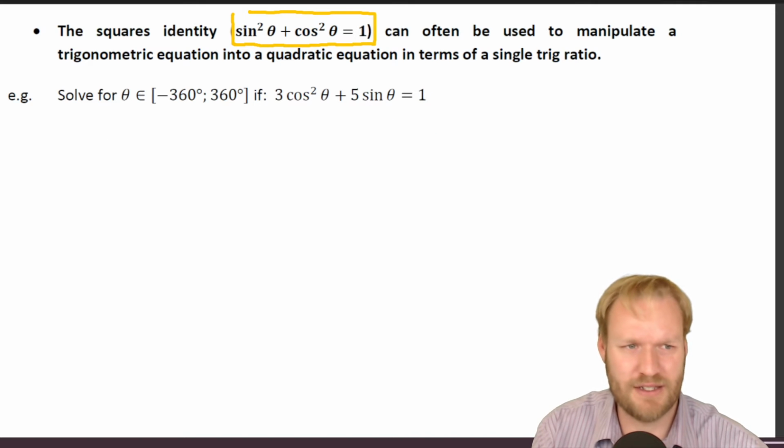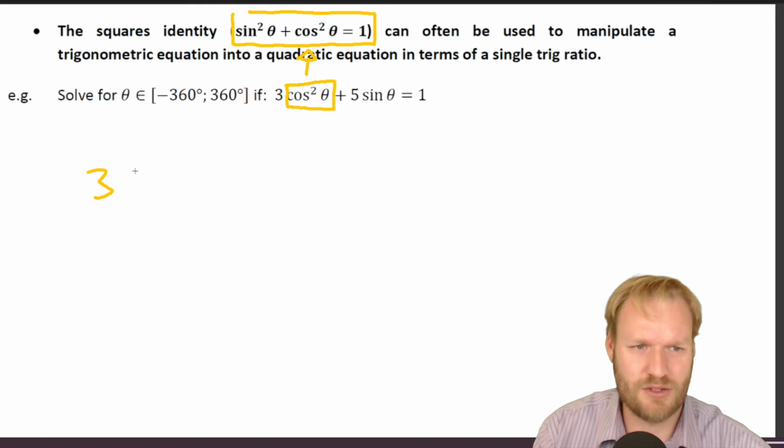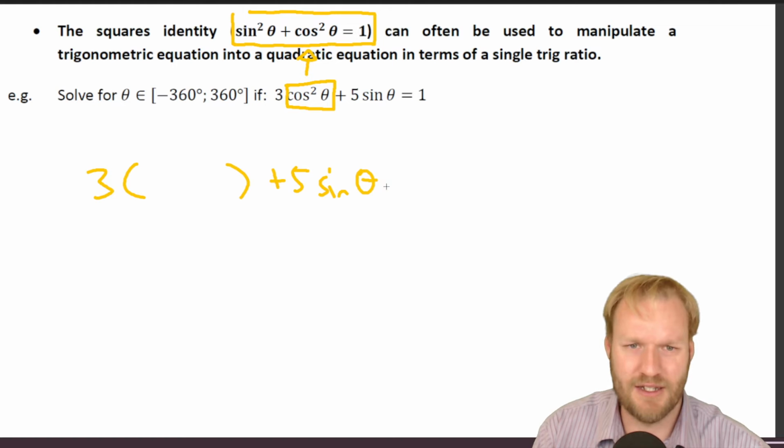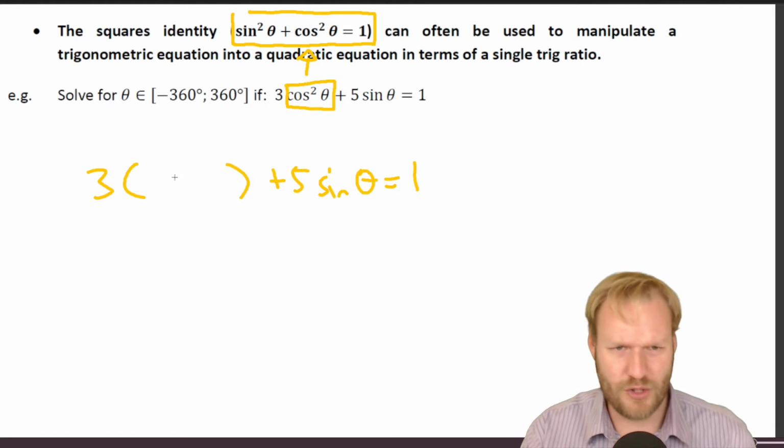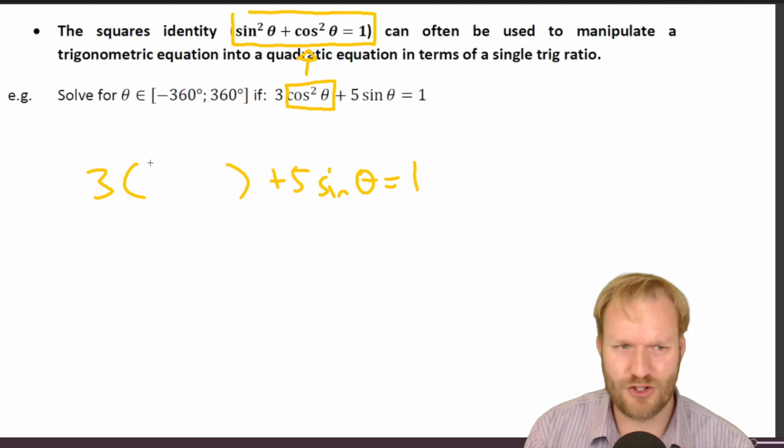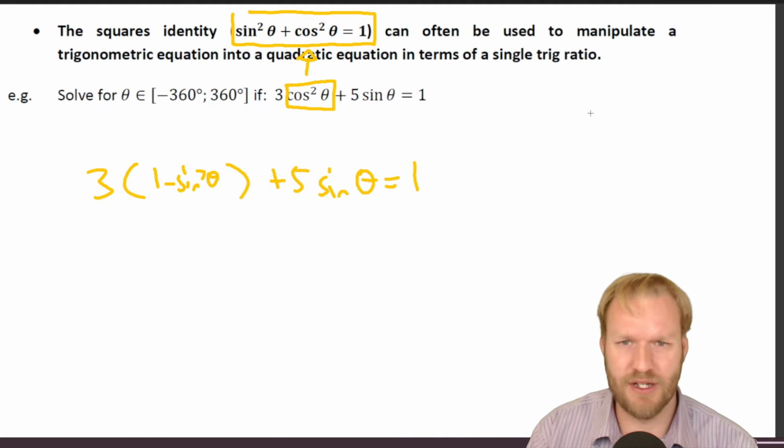So let us instead replace this cos squared theta using this idea here. So we're going to do that plus 5 sine theta equals 1. What's going to go inside this bracket to replace cos squared theta? Well, cos squared theta is 1 minus sine squared theta.